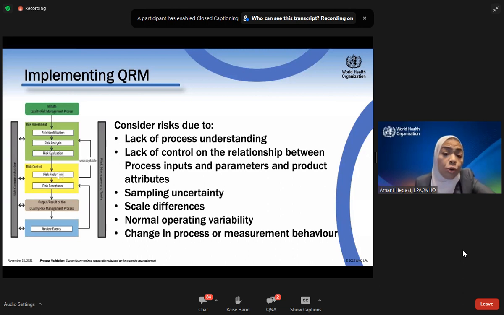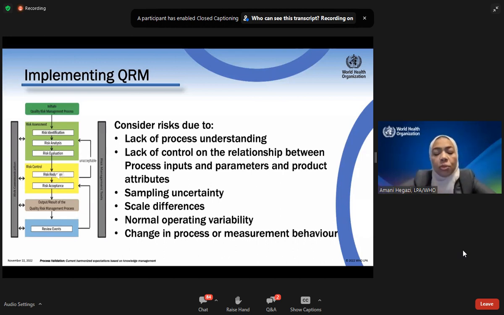There is the risk of scale difference when we are scaling up the process and moving it from lab scale to commercial scale, and of normal operating variability impacting the critical quality attributes. And finally, even after establishing a well-controlled process, there is still a risk of a change in the process or measurement behavior along the production.